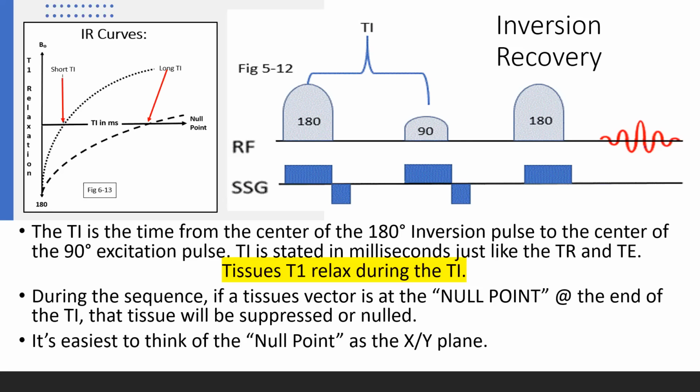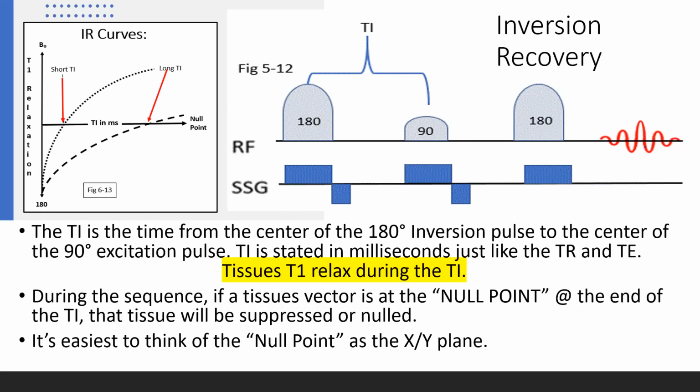When the tissue's relaxation curve gets to the null point, if you were to start your spin echo pulse sequence, then that tissue is going to be suppressed. So basically, an inversion recovery pulse sequence is nothing more than spin echo, but it starts out with a 180 to invert the tissue.